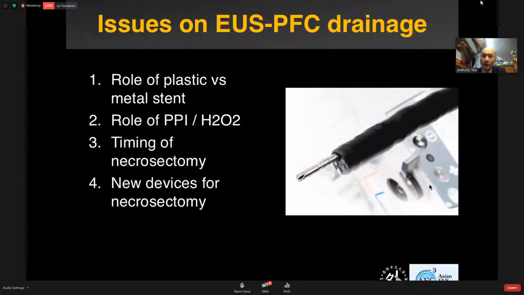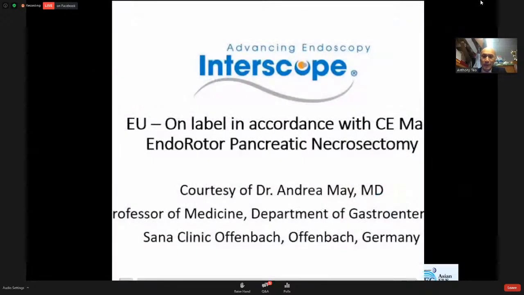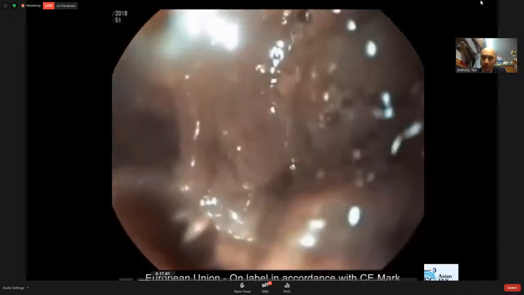And also some newer devices, which are not really designed for EUS but are related, are devices for necrosectomy. So this device is called the EndoRotor. It was previously designed for mucosectomy. You can see that it is a rotatable device.